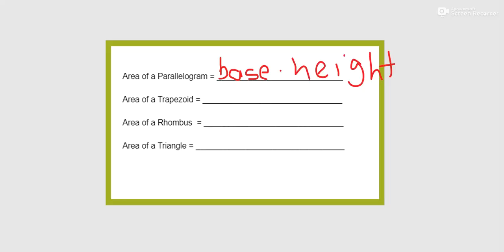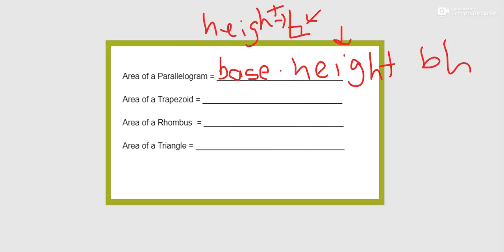And it can be simply written as B and H together. Base times height. And our height is anything that makes a perpendicular line. So anything that you see that has this symbol in it, our right angle symbol. Anything that makes the right angle symbol would be our height. So this would be our height. That is our height.